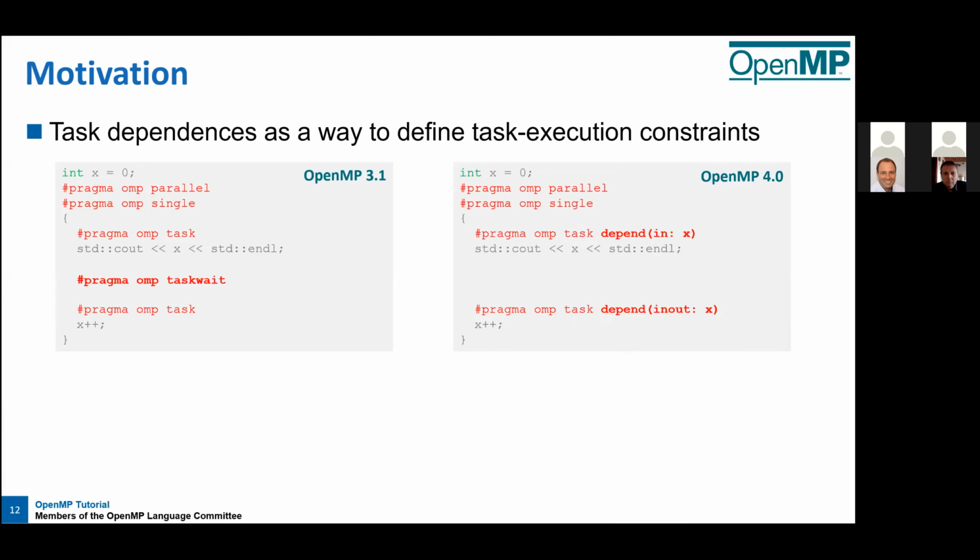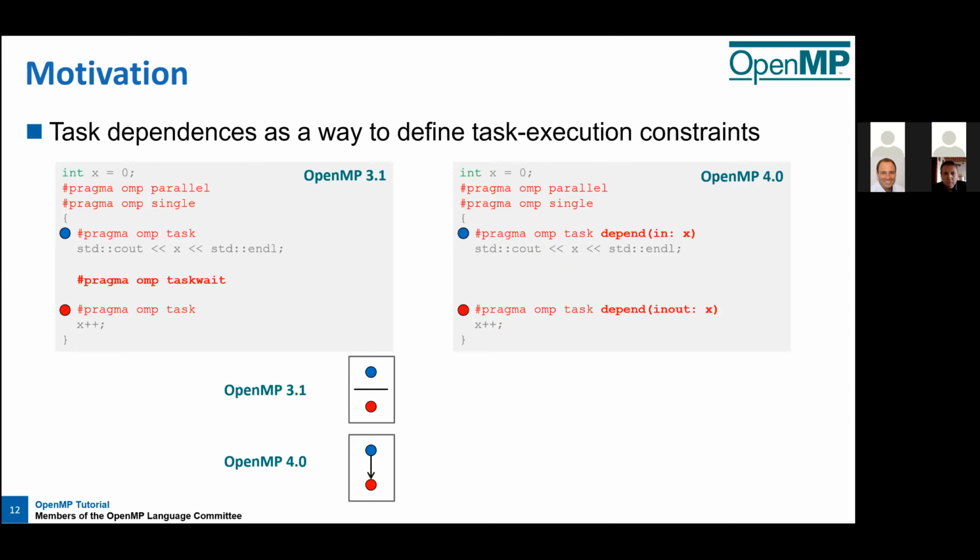In OpenMP 4, what you can say is, I have a dependency between those two tasks, right? So here's an execution constraint where we say this task has an in dependency. It is going to read X, whereas this task is going to read X and modify X. And this gives us an execution constraint that lets OpenMP schedule the first task first for execution, because the other task is going to be working on data and potentially destroy the state of the first task, so they have to be executed first task and then second task and not vice versa.